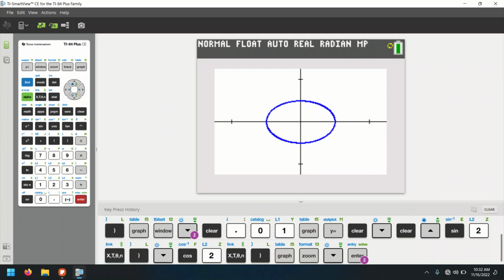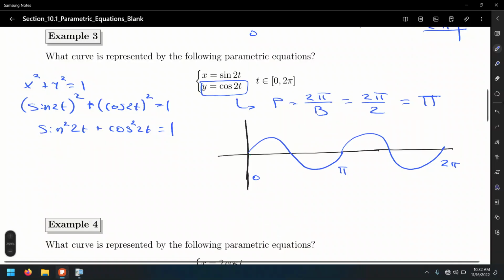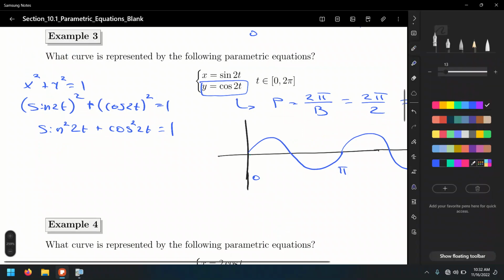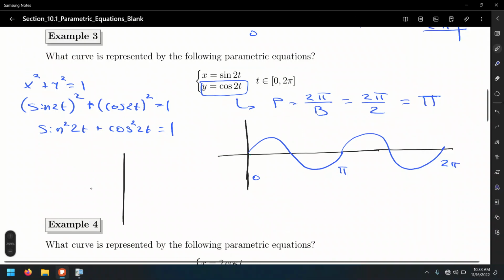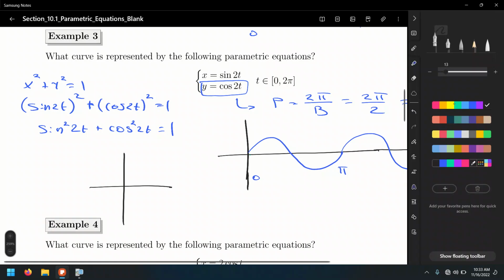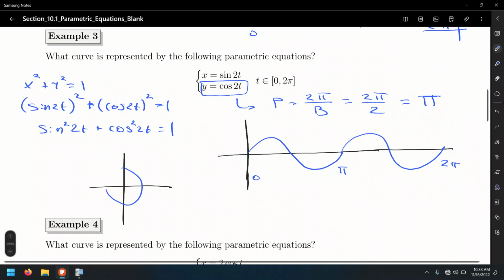Do you see that it's kind of doing a second turn? It's kind of hard to see. Were you guys able to see that? Well, that's what it's doing in the background. So in this case, it will be the graph of the unit circle still.